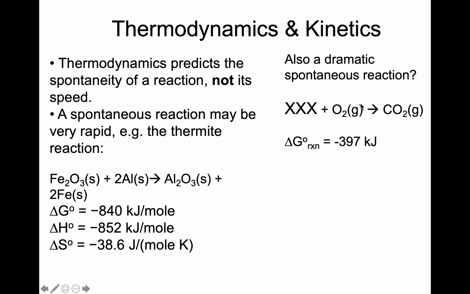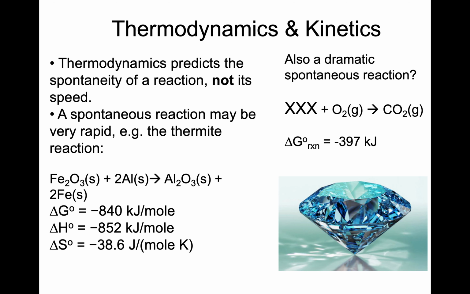How about this one? So I have an unknown reactant that reacts with oxygen to form CO2. For this reaction, it also has a negative value for the Gibbs free energy. This is looking at what happens to diamond. Diamond, carbon in the form of diamond, reacting with oxygen to give CO2.